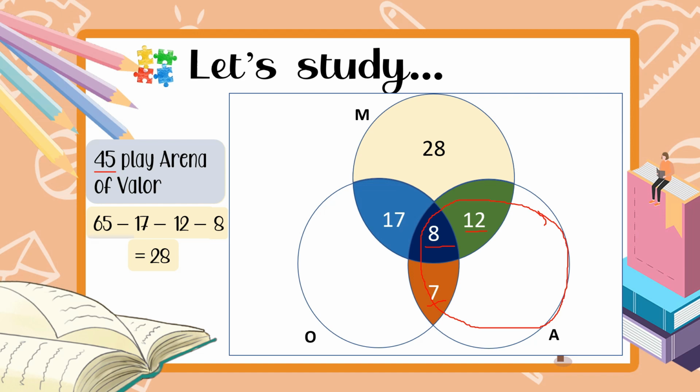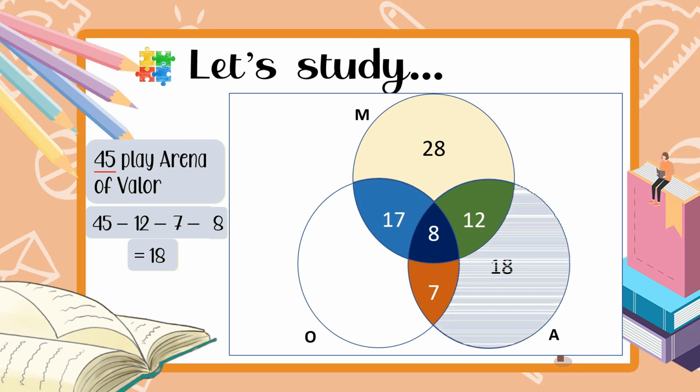So we will get 45 minus 12 minus 7 minus 8, and the answer is 18. So, 18 lang yung naglalaro ng Arena of Valor lang. Pag tinotal mo itong lahat ng set na to, ang magiging sagot niyan is 45.